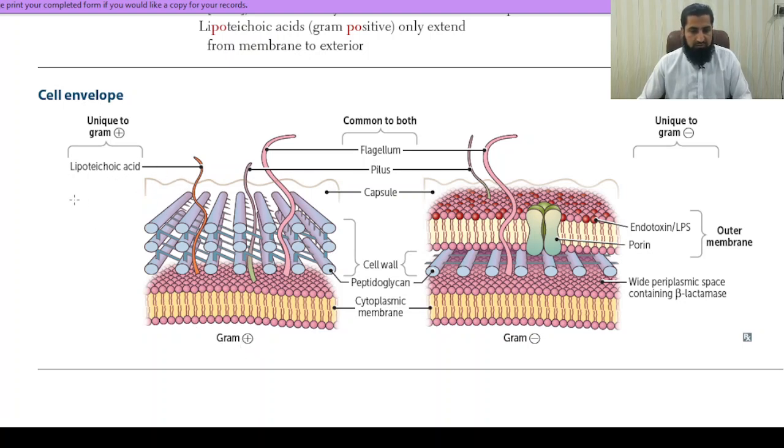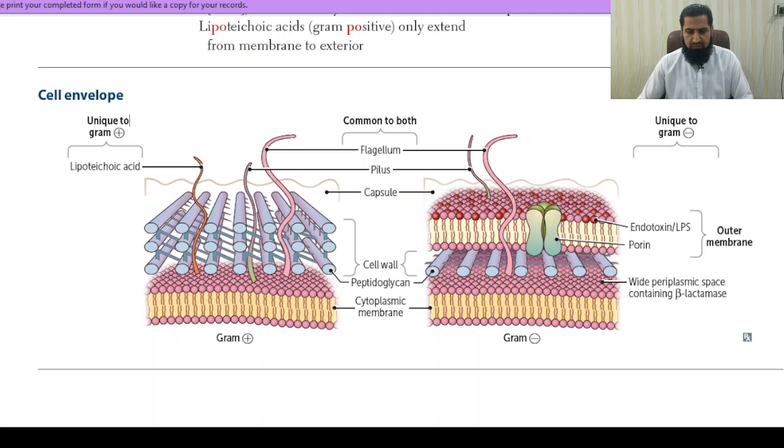The unique thing about the gram positive bacteria is the lipoteichoic acids, which are only present in gram positive bacteria. In gram negative bacteria, the unique thing is the endotoxins. Endotoxins are lipopolysaccharide and lipooligosaccharides, and there are also some porins in the outer cell membrane.